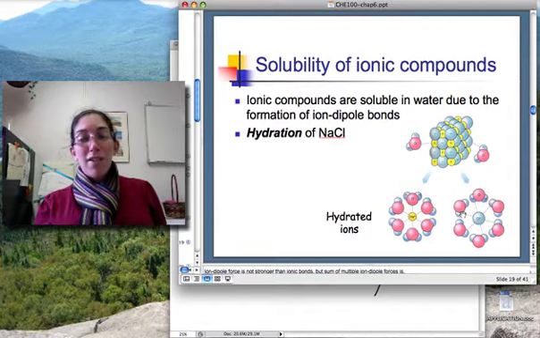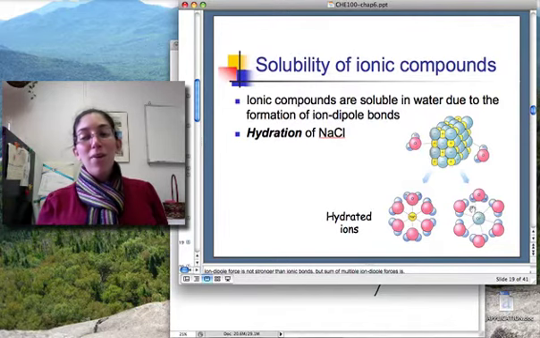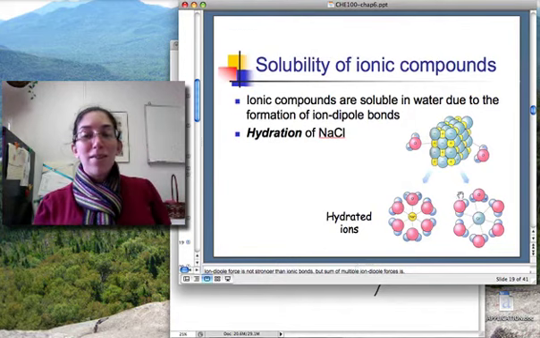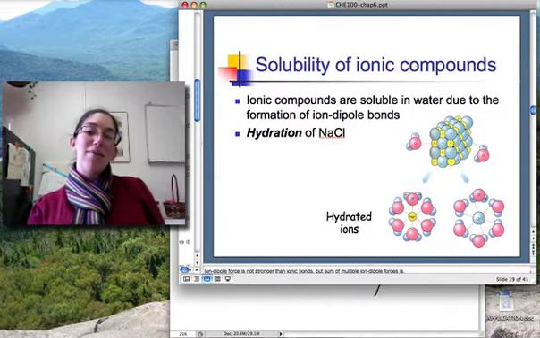The partially positive hydrogen side of water will surround and be attracted to chloride ions. We call this hydration. When you throw an ionic compound in water, and it dissolves and the ions get surrounded by water molecules, we say that they are hydrated, that you have hydrated that salt.